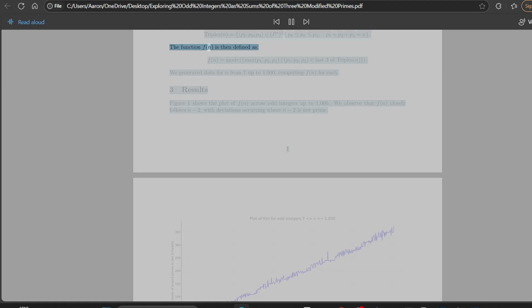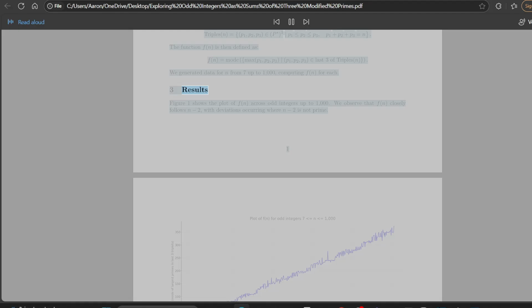The function f(n) is then defined as f(n) = mode{max(p1, p2, p3) : (p1, p2, p3) ∈ last three of triples(n)}. We generated data for n from 7 up to 1000, computing f(n) for each.